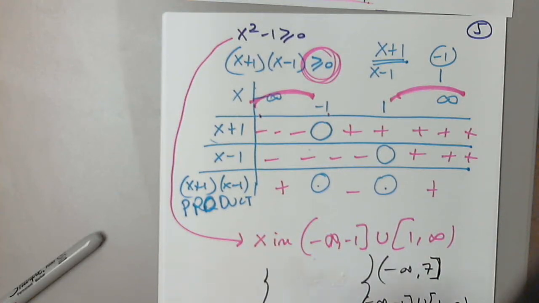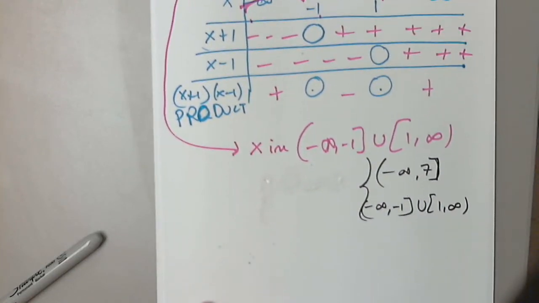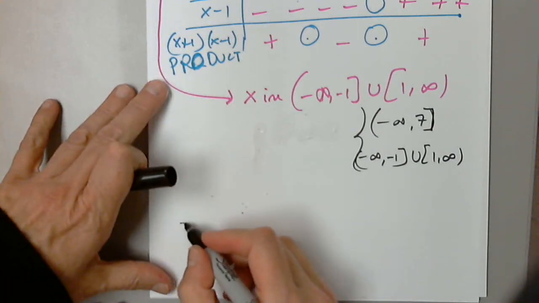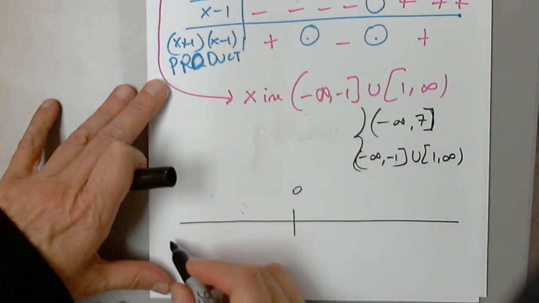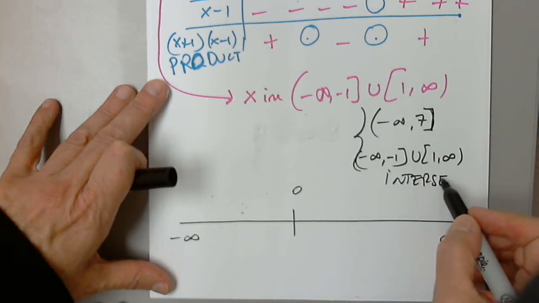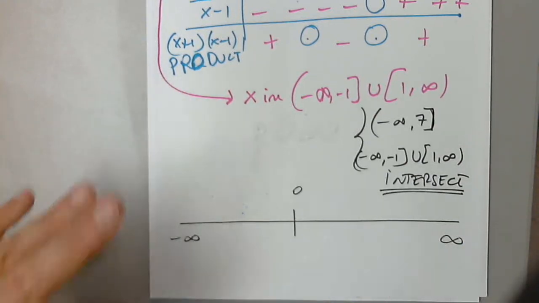But I'm not really interested in either one. I'm interested in the function that is the sum of these two. So then, what do I do with all this information to find the domain of function h of x? Intersect. We will intersect those two.